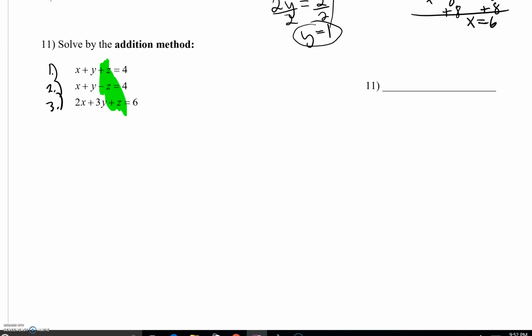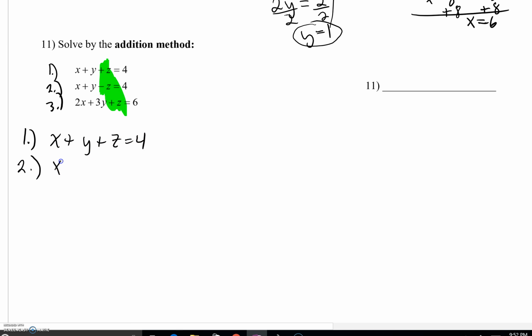I want to point out that your z's are set up nicely so that when you add certain equations together, your z's will cancel out. Be careful. 1 and 3 won't do that. A positive z and a positive z won't help you out at all. But equation 1 and equation 2 can be combined to get rid of a z.